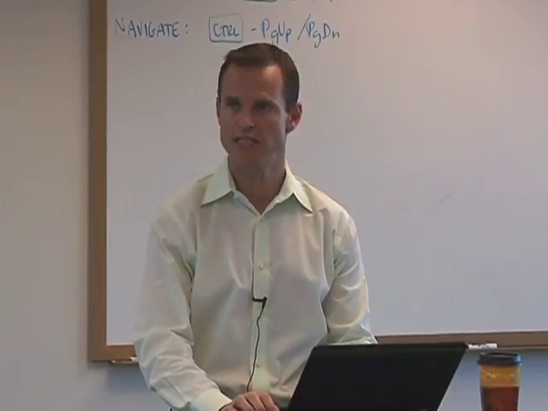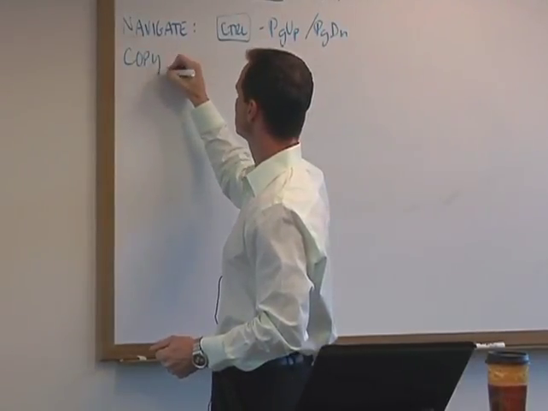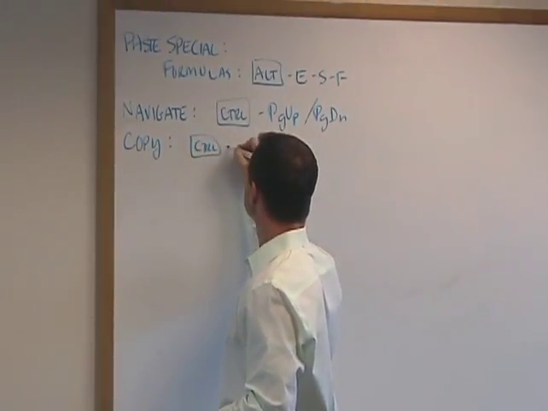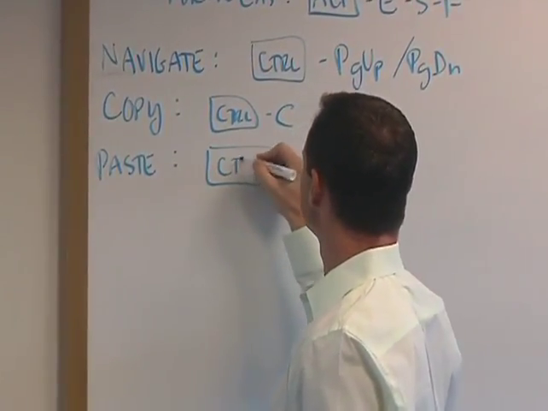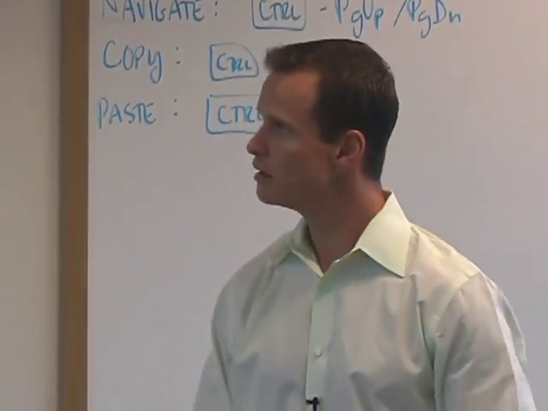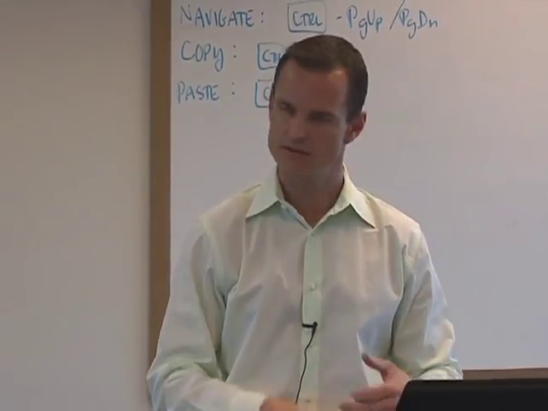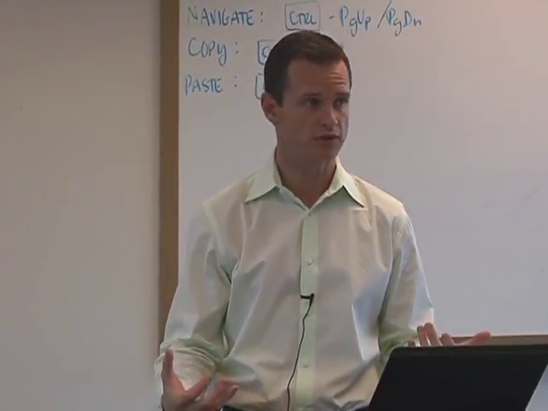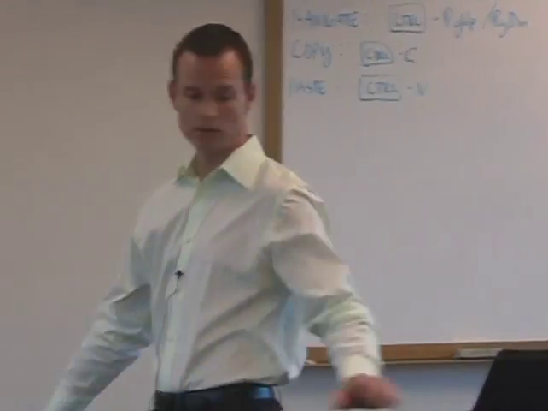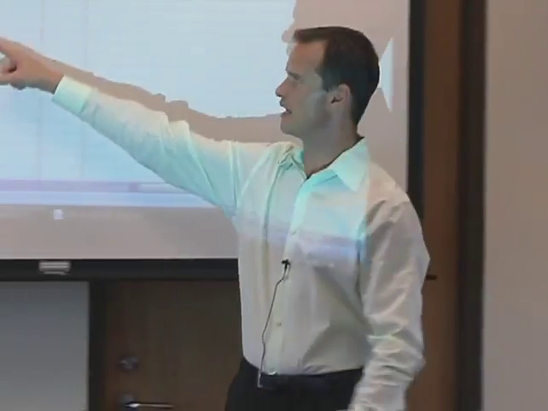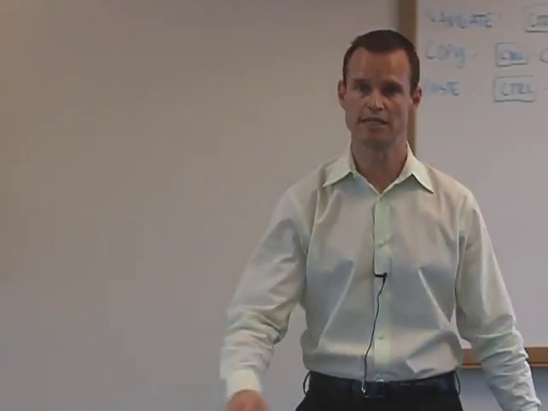So if we hit Control C to copy, then Alt E S F, same shortcut as we were using earlier. Hit Enter, F9 to recalc. We get the numbers. We also preserve that underlined formatting in that fourth cell, the cell for other current assets.